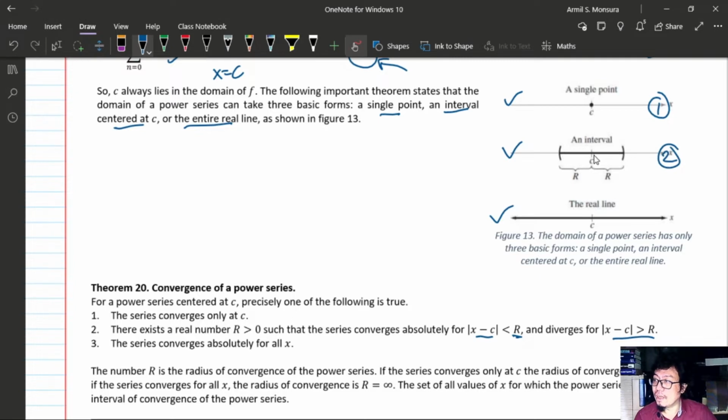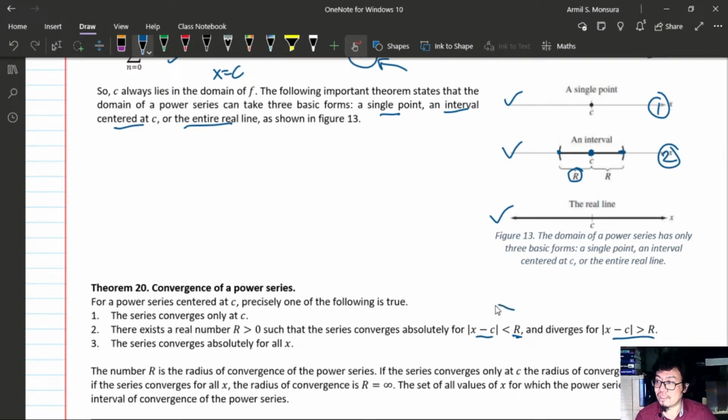This is the center of your series. Then in a certain interval, there would be a number R, and from this endpoint to this endpoint, except at the endpoints, your power series will converge.